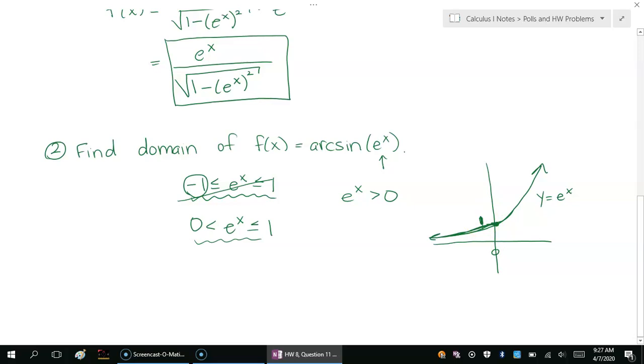I'm looking for the points on the graph where y, the e to the x value, is less than or equal to 1. Well, that's the left half of the graph.